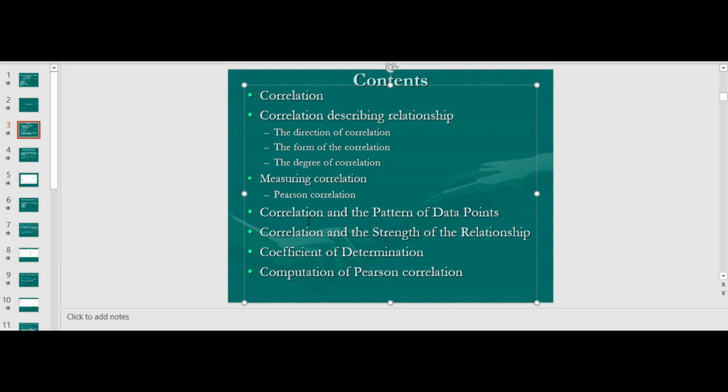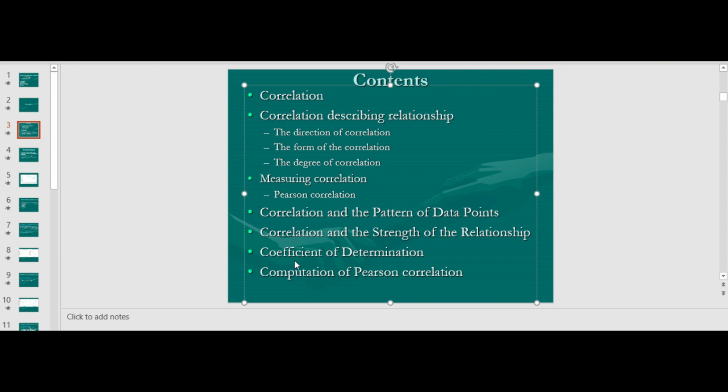We will also learn the scatter plot, and on the scatter plot the pattern of the data points, and also learn about the strength of the relationship.